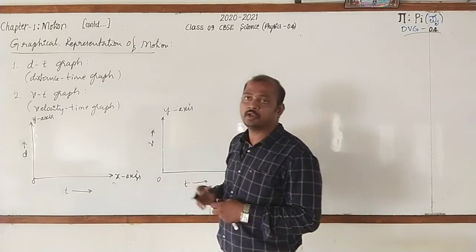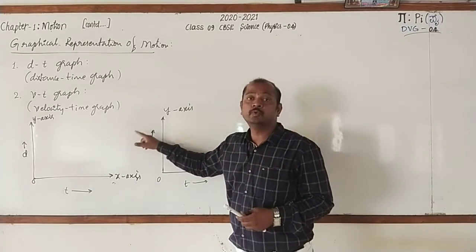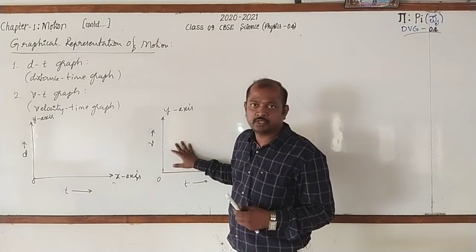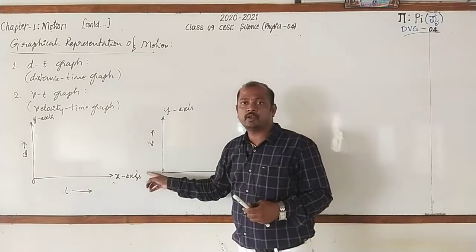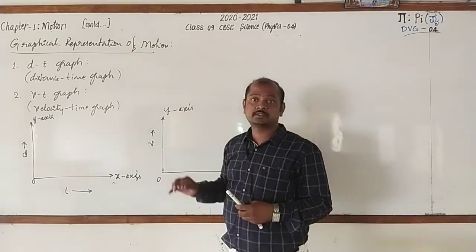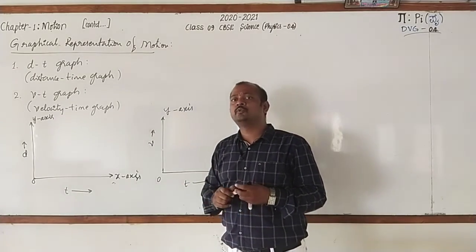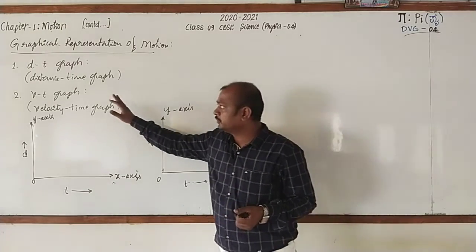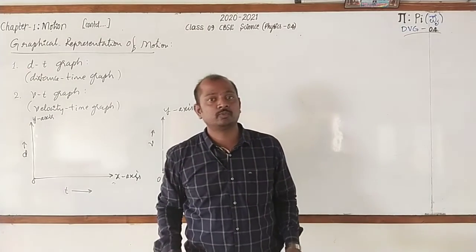Hence it should be taken along y-axis, and the graph so obtained is called vt graph. The graphical representation of motion in which time is taken along x-axis and velocity is taken along y-axis is called vt graph. So we have got very good information regarding dt graph and vt graph. Those will be studied in tomorrow's class.